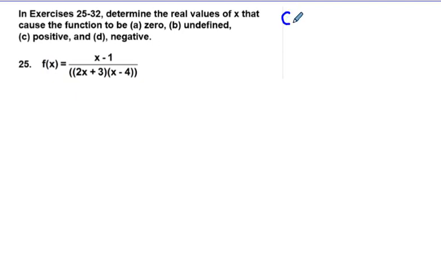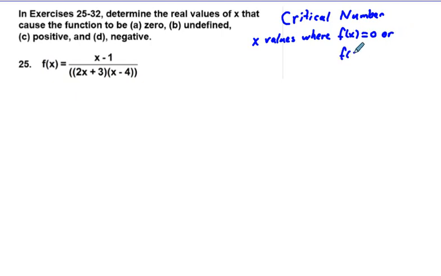And I'm going to introduce you to something, if you don't know already, called critical numbers. Critical numbers of a function are x values where the function f of x is equal to 0, or f of x does not exist, or is undefined.